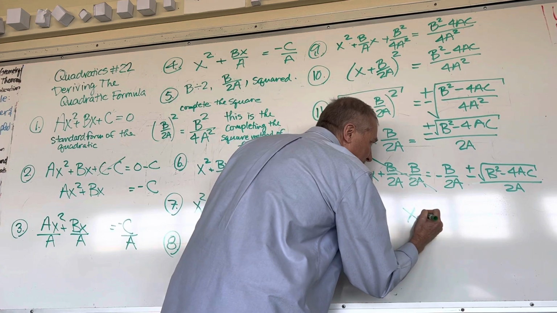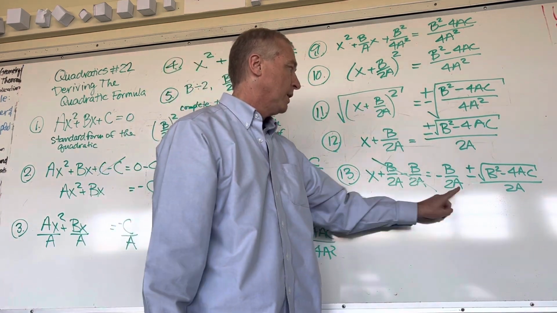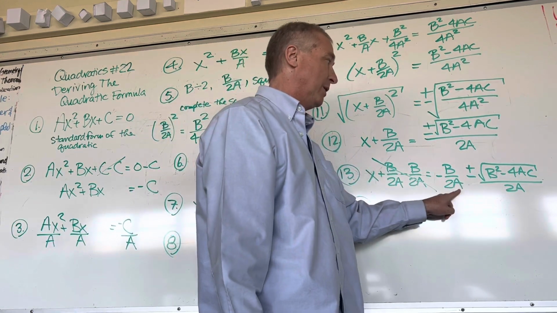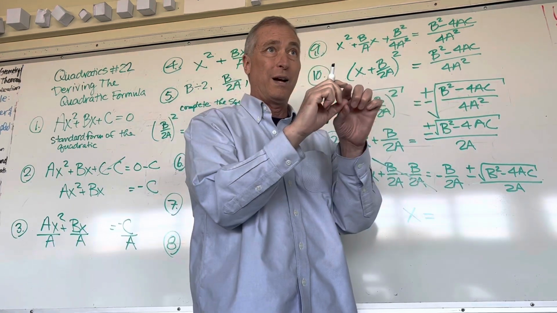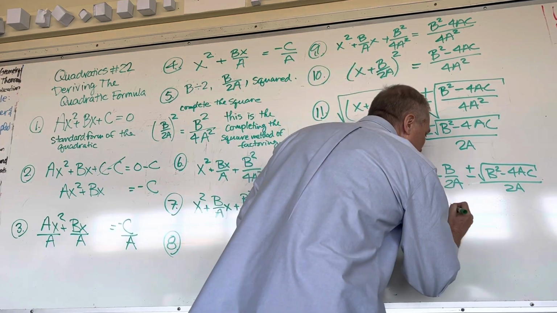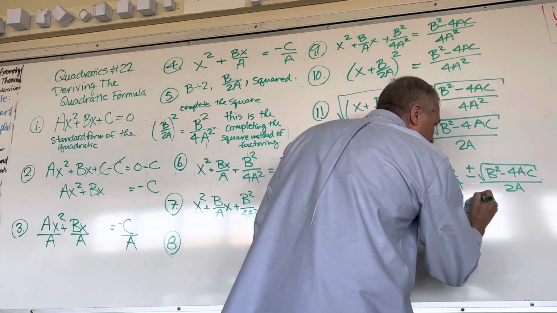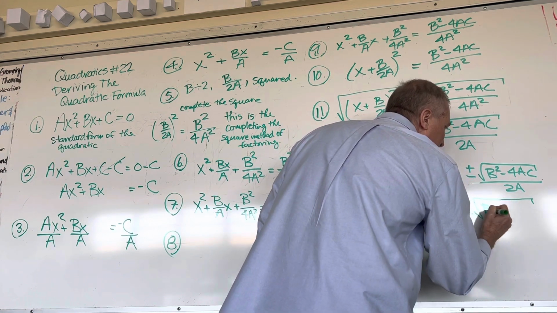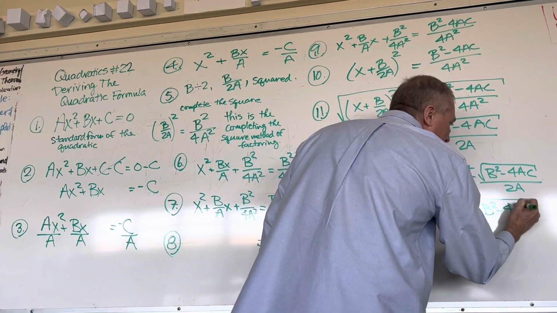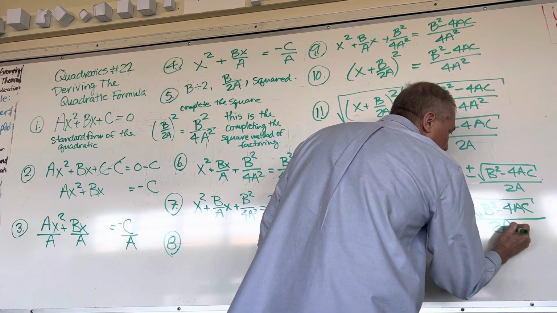I'm left with x on the left equals. So x equals, do you see the common denominator here of 2a? So those two fractions can be combined. So I get negative b plus minus radical b squared minus 4ac all over the common denominator of 2a.